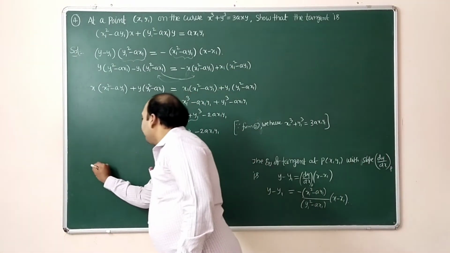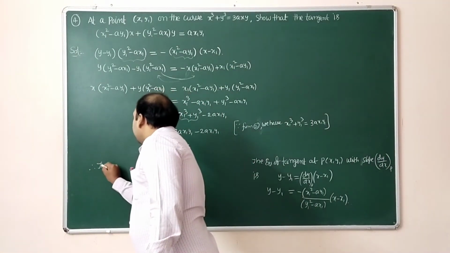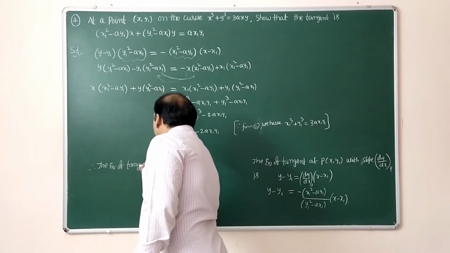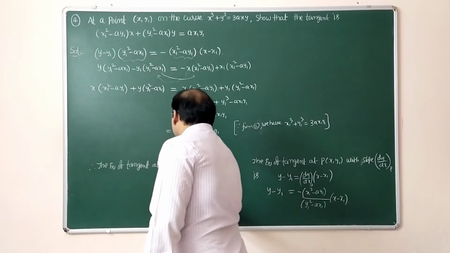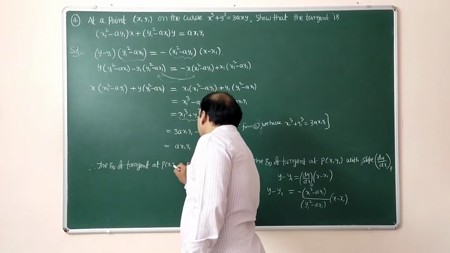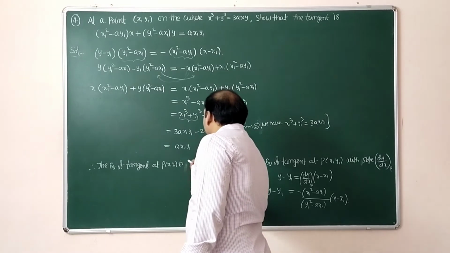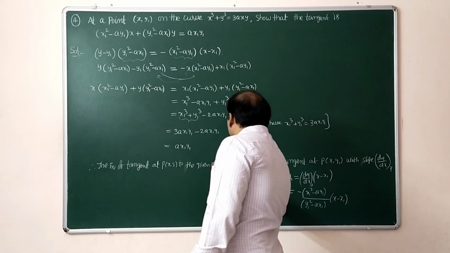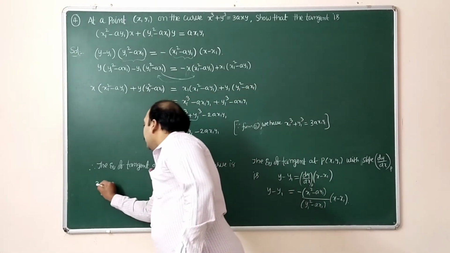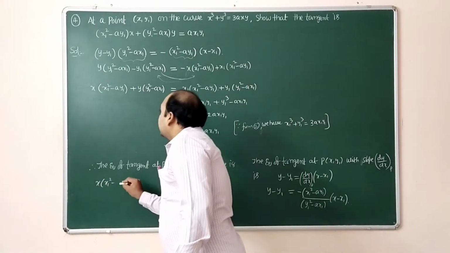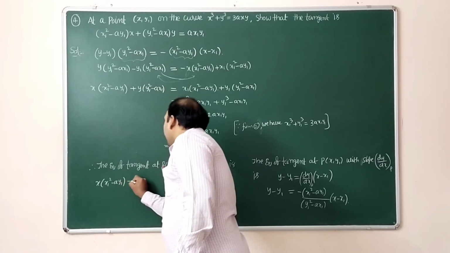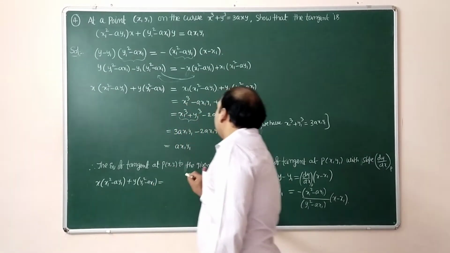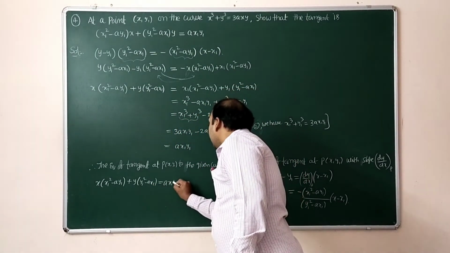So therefore, the equation of tangent at P of x1 comma y1 to the given curve is x into x1 square minus a y1 plus y into y1 square minus a x1 is equal to a x1 y1.